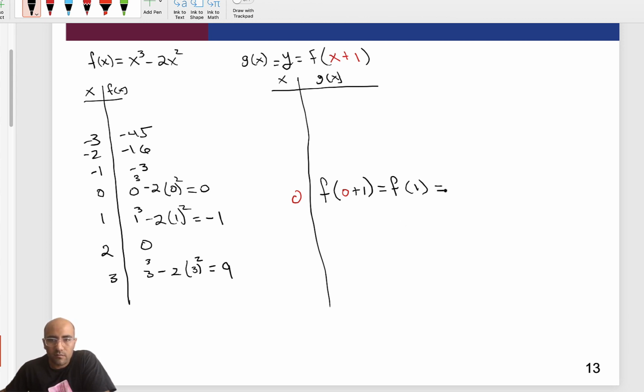Well, f of 1, that's going to be 1 cubed minus 2 times 1 squared, which is 1 minus 2. That's going to be negative 1. Good.